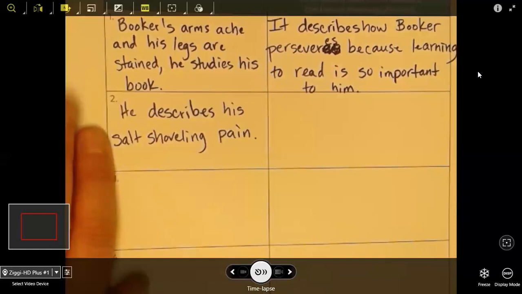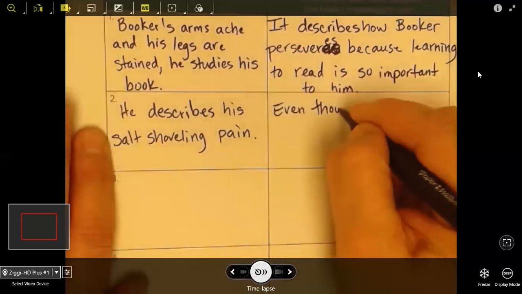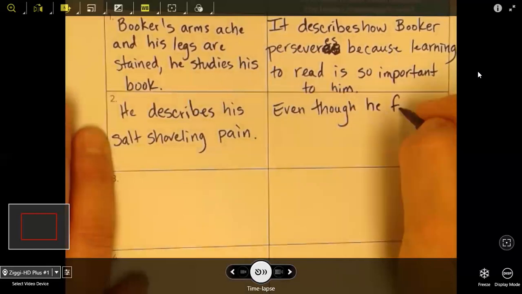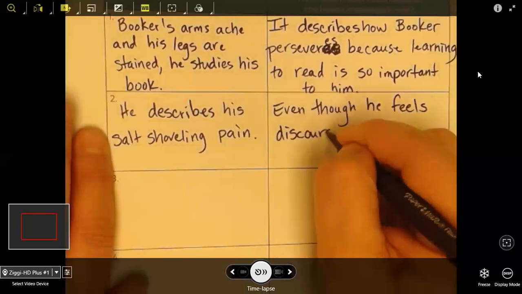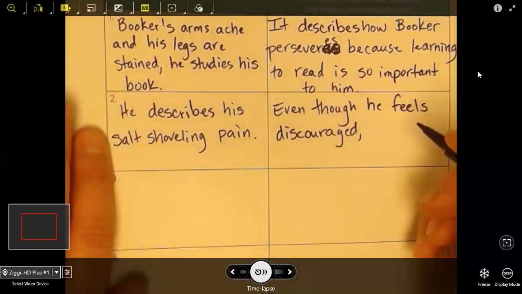Discouraged, right? So even though he's feeling discouraged, does he give up? No.